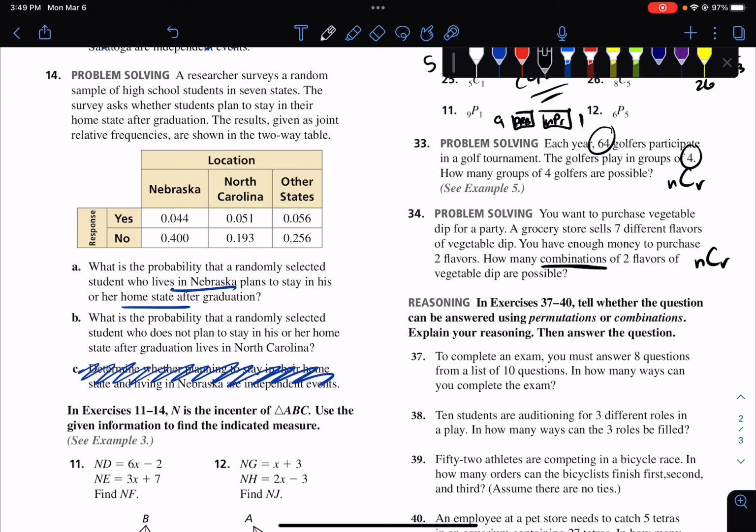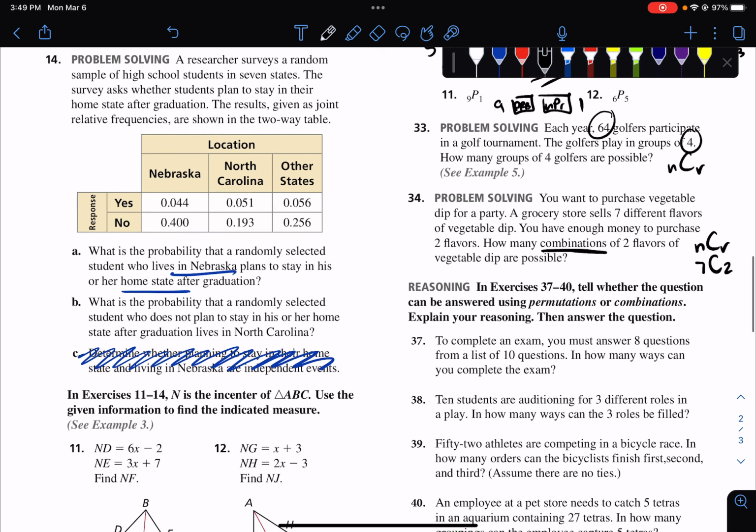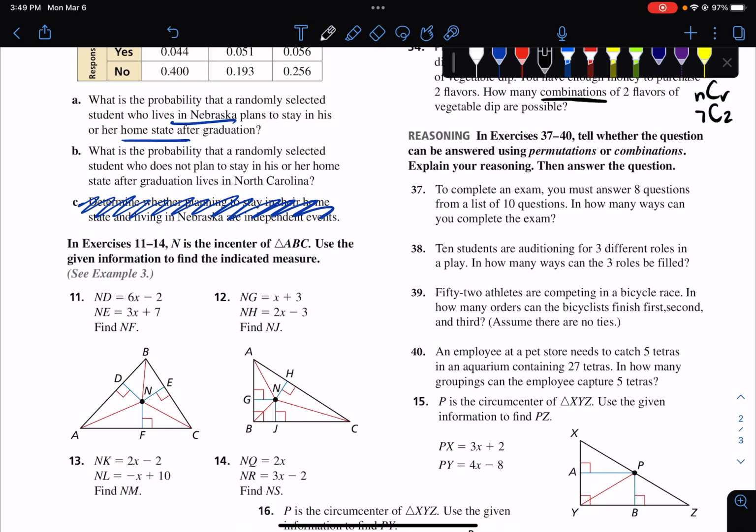It's the same 2 dips that you're buying, right? So this would be a 7 big C with a little 2 problem that you would just plug in your calculator.